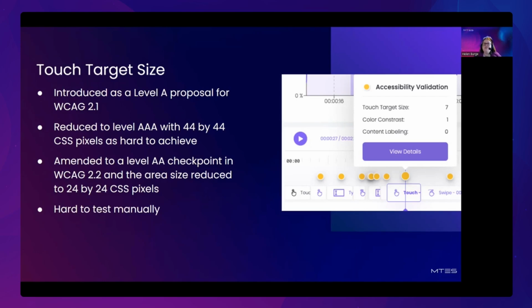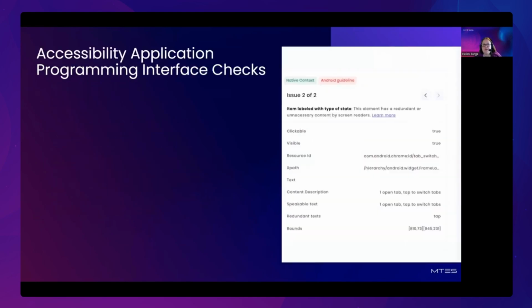And also because it's not easy to see the touch area, you can't see where the items around it are. It's hard to test manually, and I recommend using a tool to help. And Kobiton also has an accessibility application programming interface check, which is like with the automation tools, where it highlights what's at fault and it helps you set up what items you want to set in.